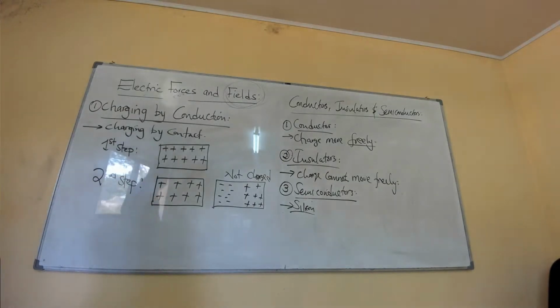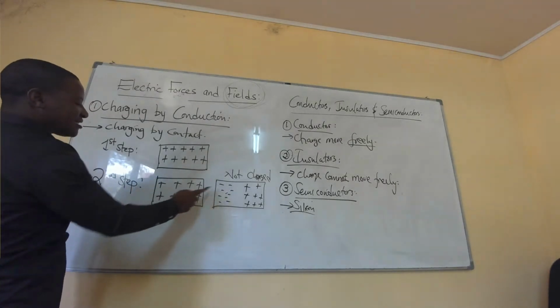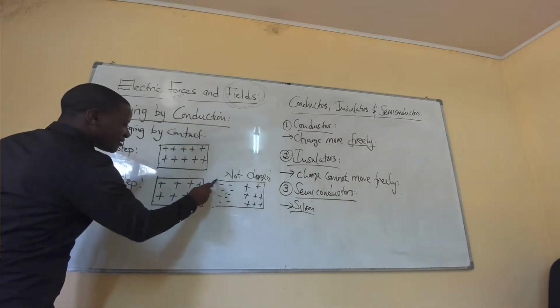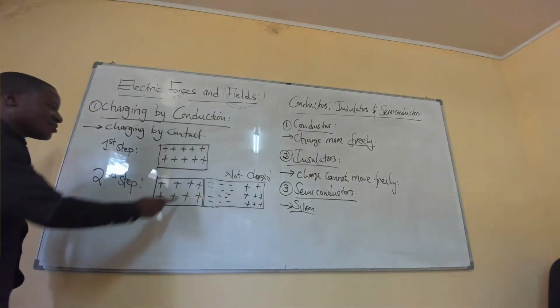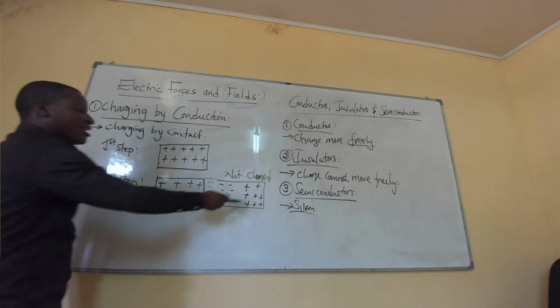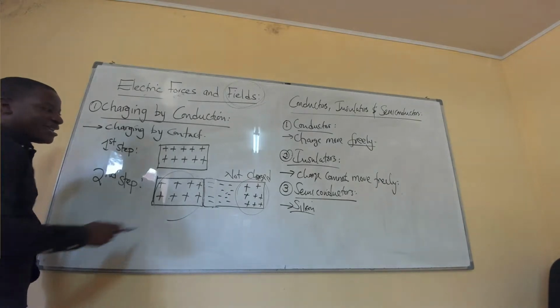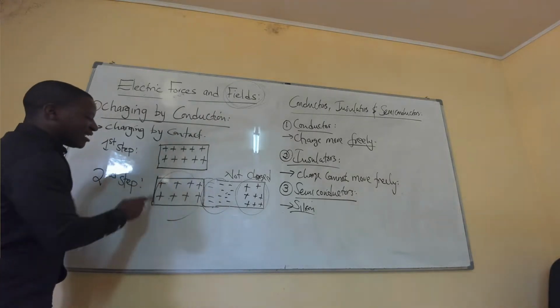It's that simple. So what will happen is that from here, if you count the number of positives, this must come as close as possible here because this is by contact. So since you have a lot of positively charged here, and then you also have some positive charges here, which are actually few in terms of numbers, you find that these will come and neutralize that.